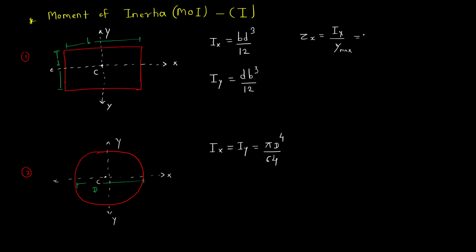The value of Ix here is bd cube by 12, and the value of y max is d by 2. So this is bd square by 6. Similarly, Zy will be db square by 6. So remember these two formulas also, Zx and Zy.